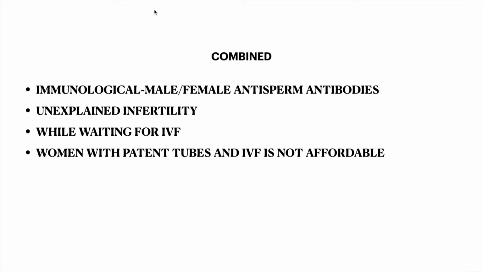In case of female: cervical mucus hostility, poor cervical mucus, endometriosis and vaginismus. Combined factors include immunological, male as well as female anti-sperm antibodies, unexplained infertility, while waiting for in vitro fertilization, and women with patent tubes where IVF is not affordable.